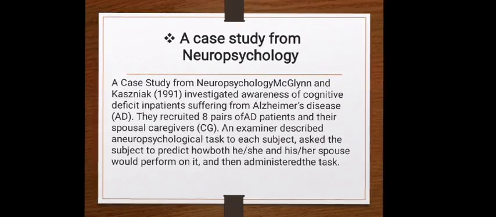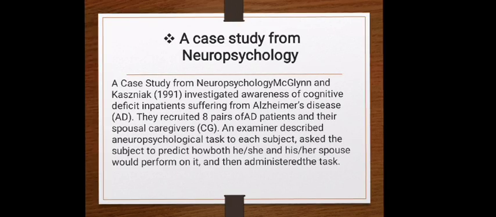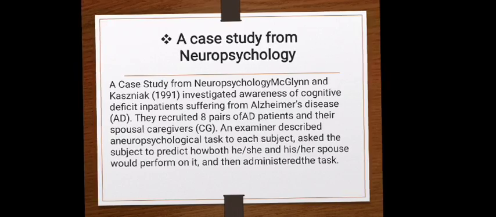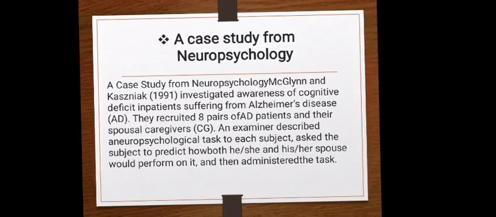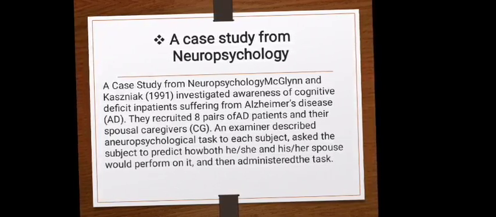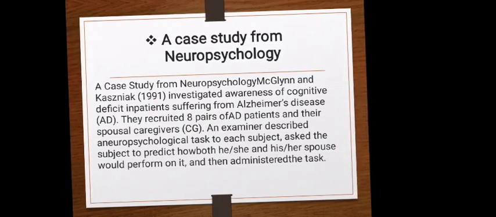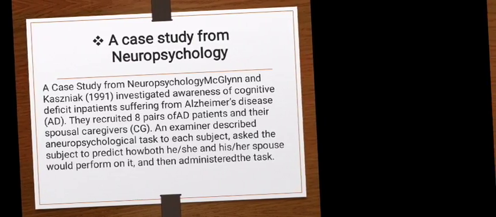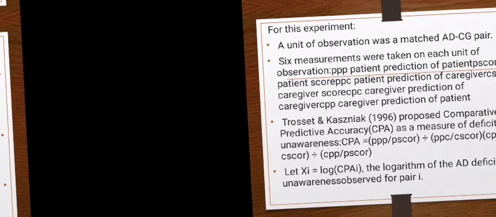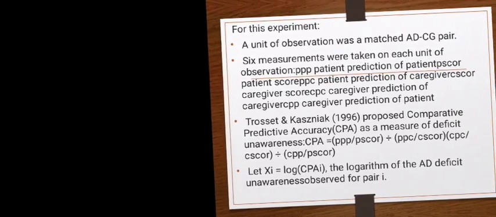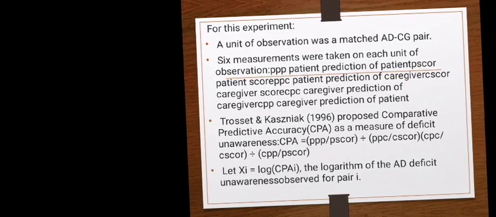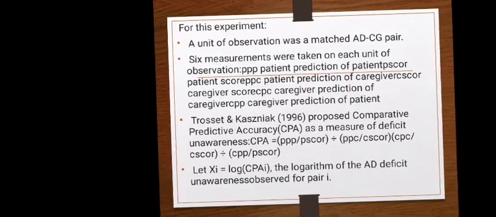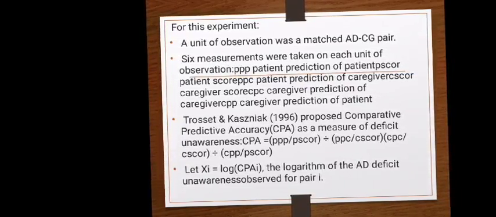They recruit 8 pairs of AD patients and their spousal caregivers, or SICG, and an examiner describes a neuropsychological task to each subject, asks the subject to predict how both he or she and his or her spouse would perform on it, and then administers the task. For this experiment, a unit of observation was a matched AD and SICG pair. 6 measurements were taken on each unit of observation.